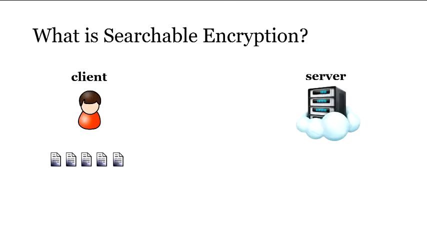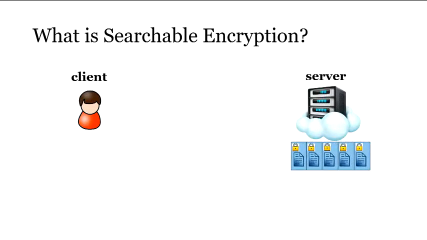To solve this problem, here comes searchable encryption. Searchable encryption is a crypto scheme that allows a client to encrypt his files, and then in the meantime generate some metadata and upload both of them to the server side. And later, the client can issue an encrypted search query for a particular keyword, which we call in this talk a search token.